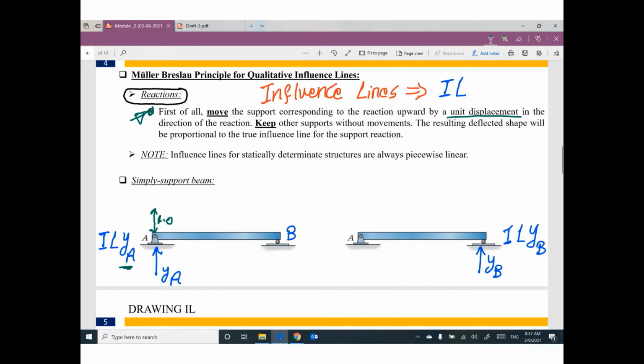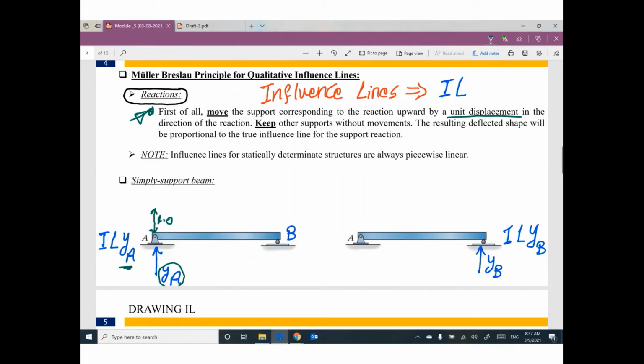In the direction of the reaction, because one of you will ask me, hey Dr. Ayman, why you moved this support up? Because the direction of my reaction in the positive direction is up. So I moved this support up by 1.